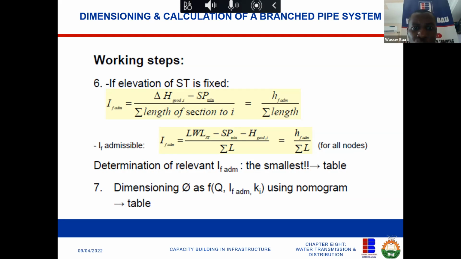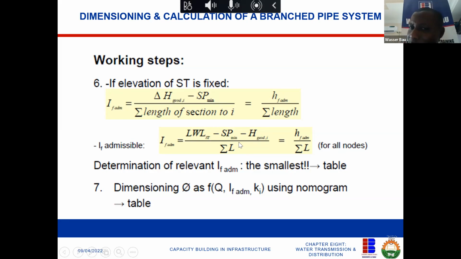It should be the head difference between your tank level minus the service pressure, divided by the total length of slope, which will be your I. You first of all get your I, your admissible slope. Then another way to get your admissible slope, watch me now, is the lowest water level minus the surface pressure minus geodetic head, divided by the length.